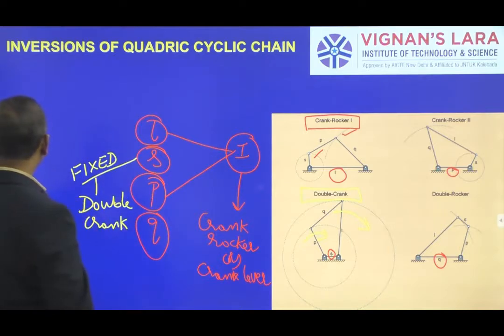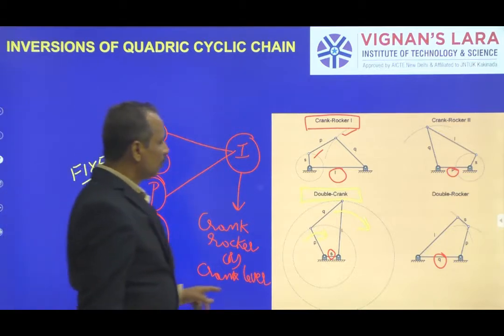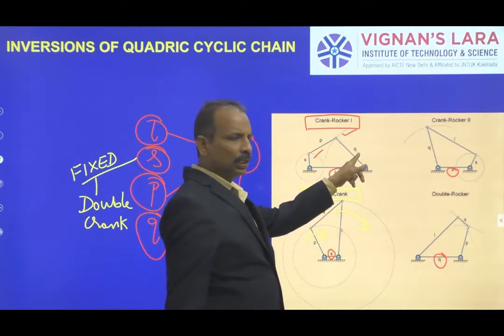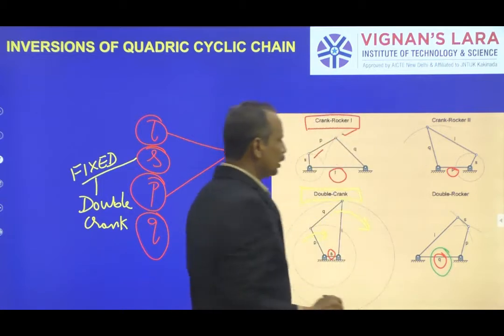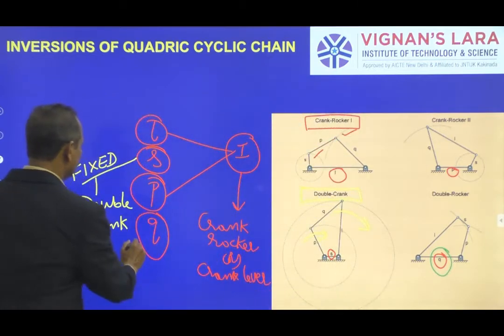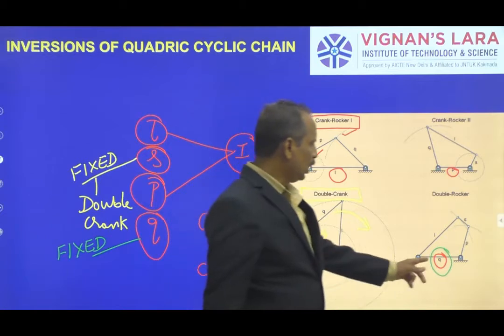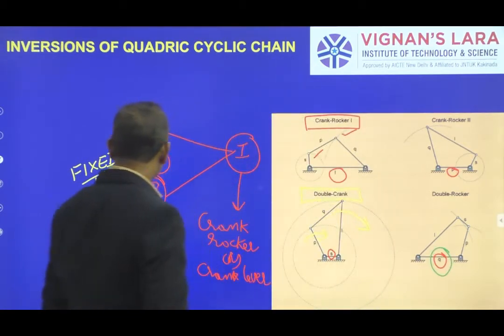And finally, the last one is fixing the link opposite to the shortest one, that is, the Q link is fixed. So if I fix the Q link, then I get a double rocker or double lever mechanism.